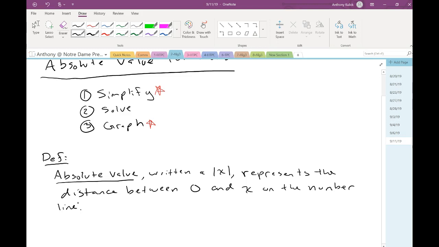The definition for an absolute value is the distance between 0 and whatever you're taking the absolute value of on the number line.